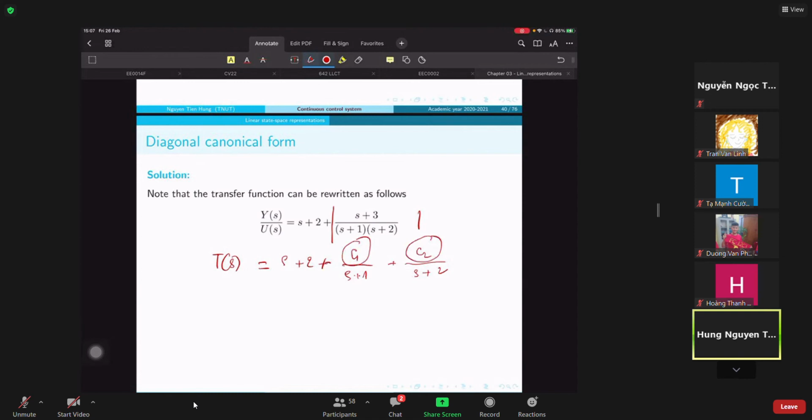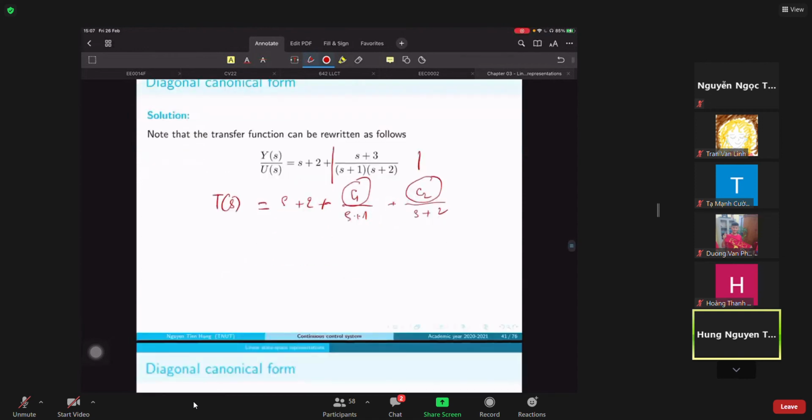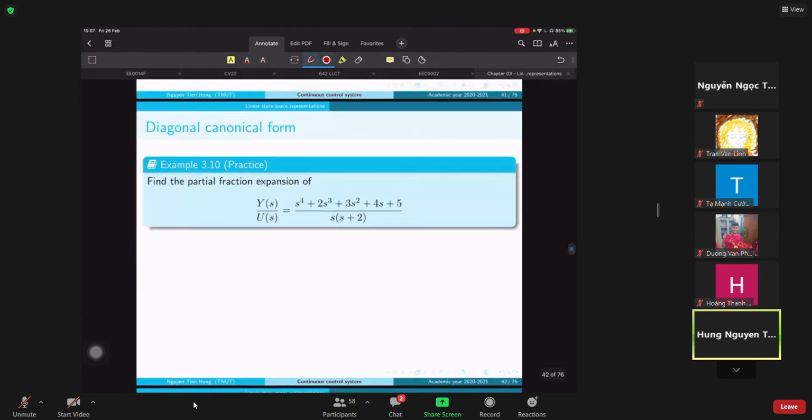Okay, so assume that we got another form of this like this. In this case, you see that the order of the numerator is 4, and the order of the denominator is just 2.